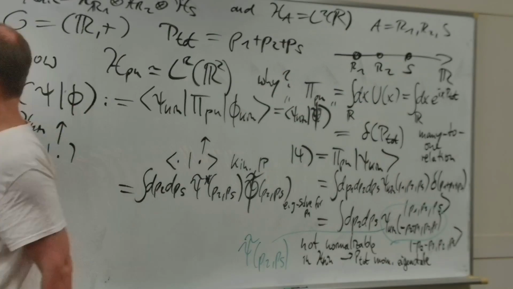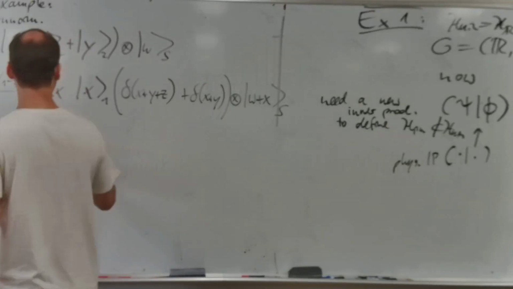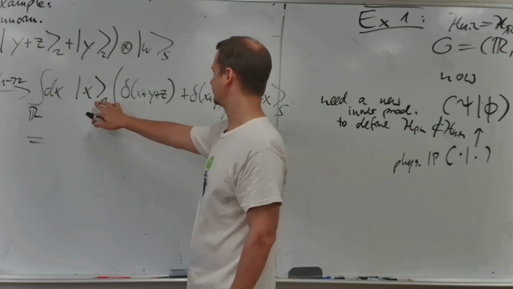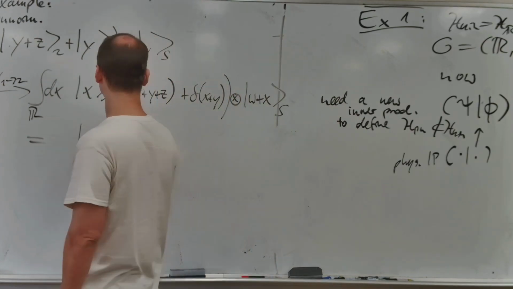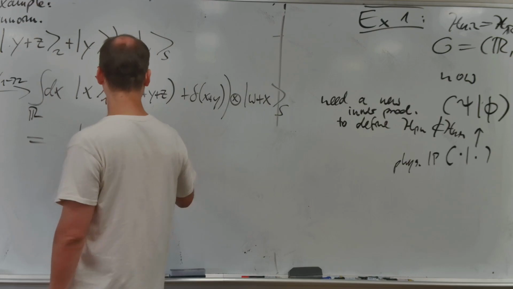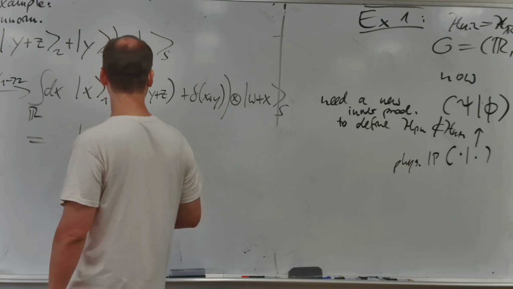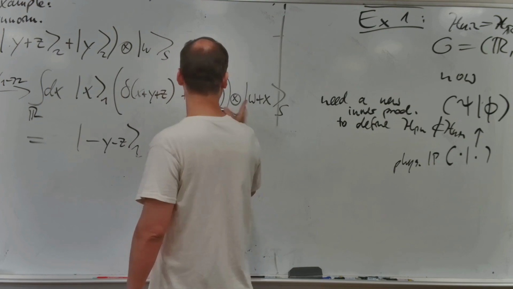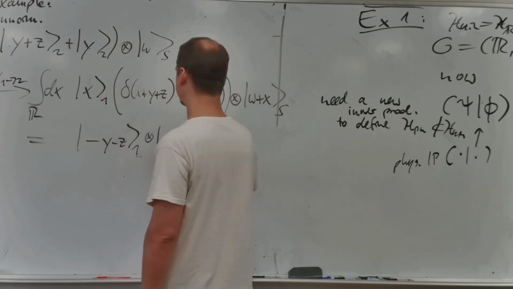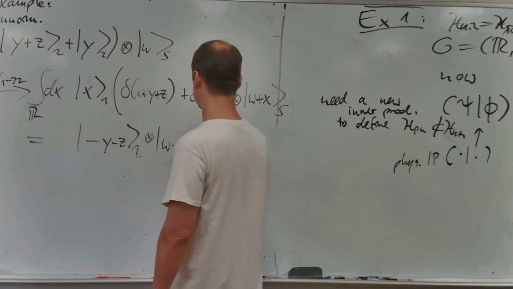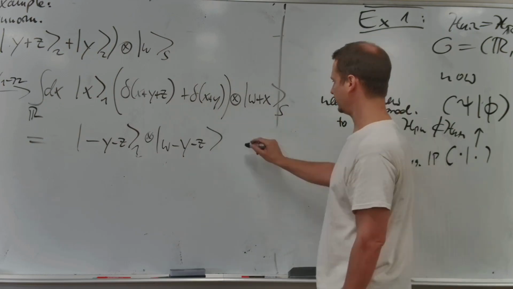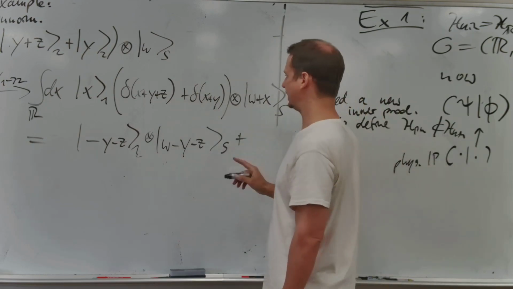So now we can just solve this integral here over x, the delta function. So we have to do the first piece. We're going to have minus y minus z in the first reference frame, and here tensor w minus y minus z, and then we have, so this is the system plus.